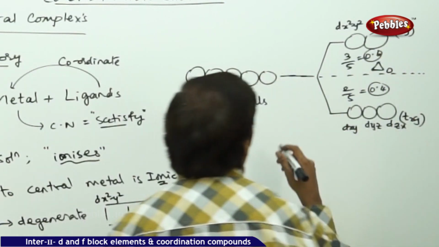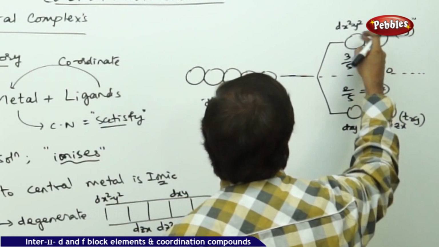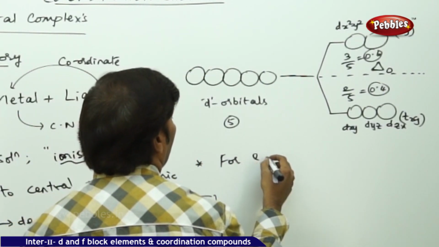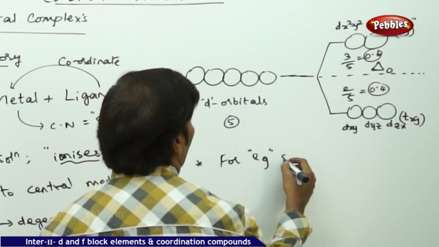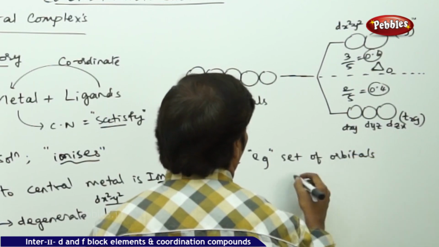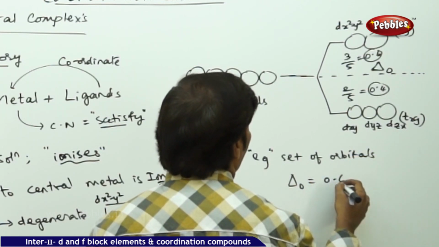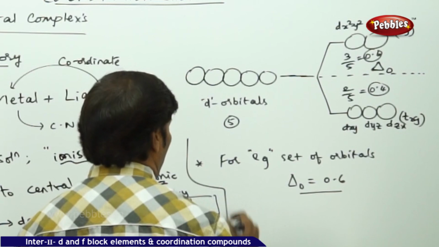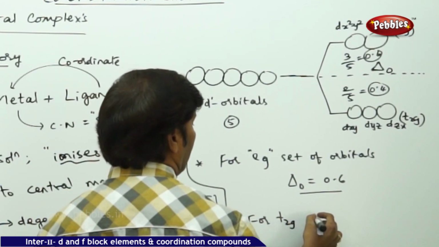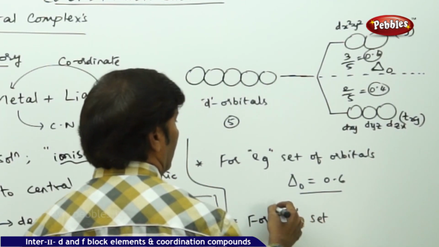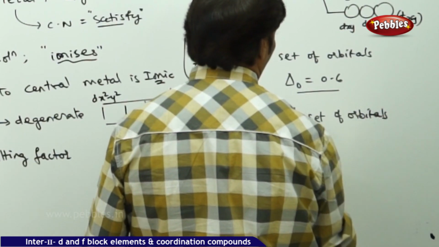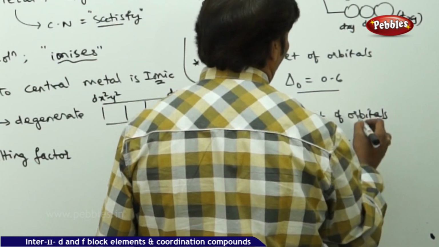That means there is an increased energy equivalent to 0.6 for Eg. That means for the Eg set of orbitals delta naught is equal to 0.6, and for the T2g set of orbitals delta naught is equal to 0.4.